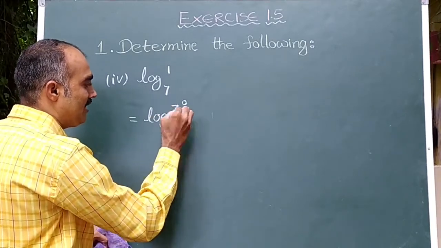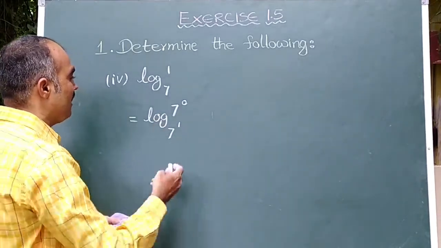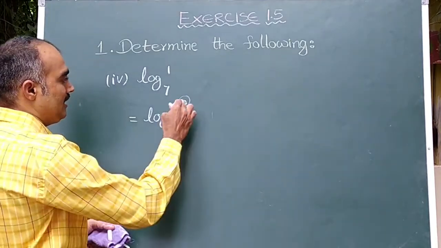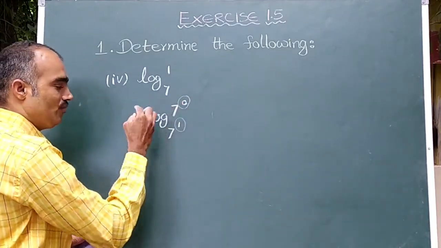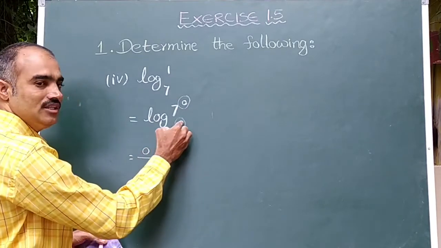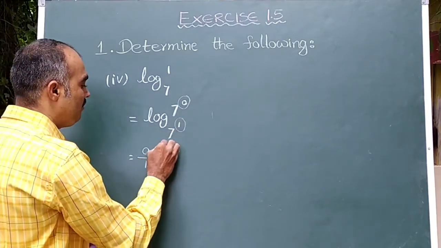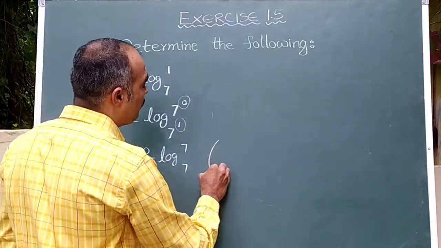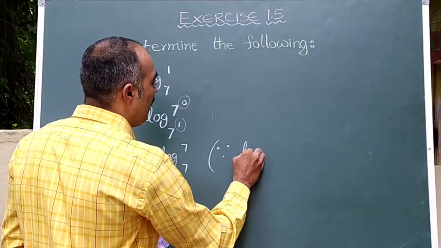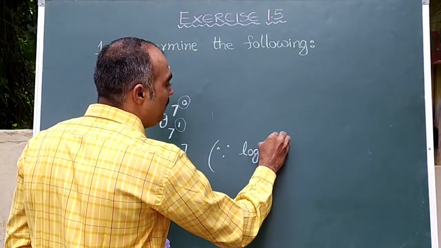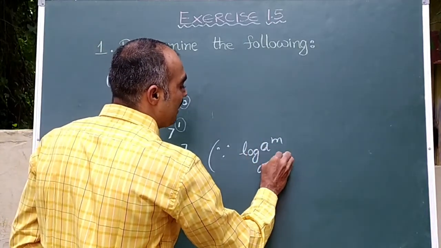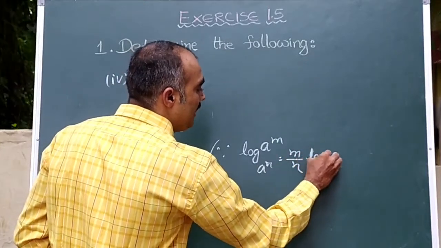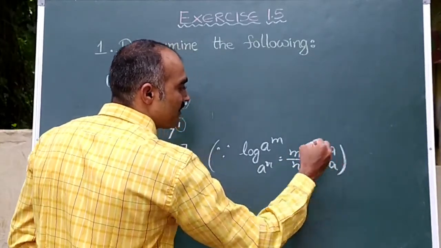So let us write log 1 as 7 power 0, and the base 7 we can write as 7 power 1. Now let us round up the powers. Here 0 will come forward, that is 0 upon 1, and it is log 7 base 7. The formula I applied is log a power m base a power n can be written as m by n times log a base a.